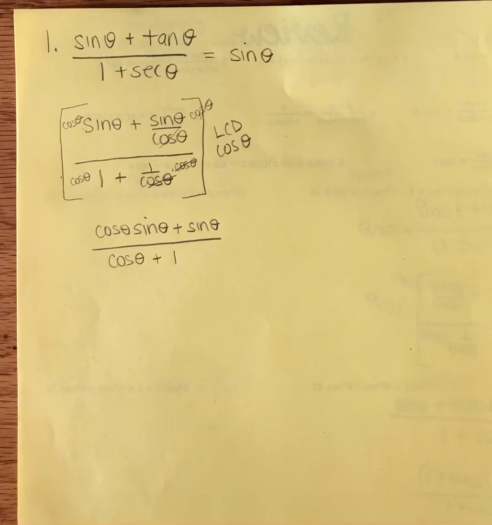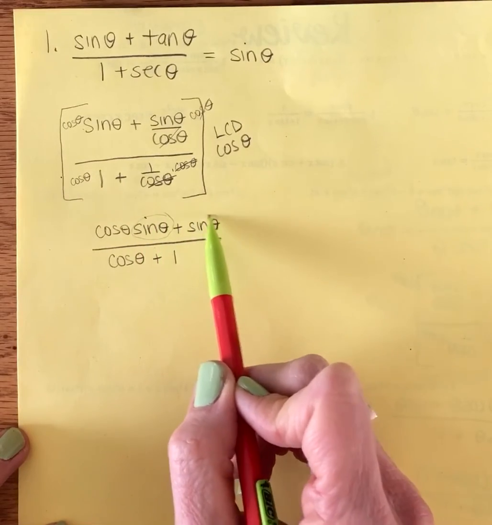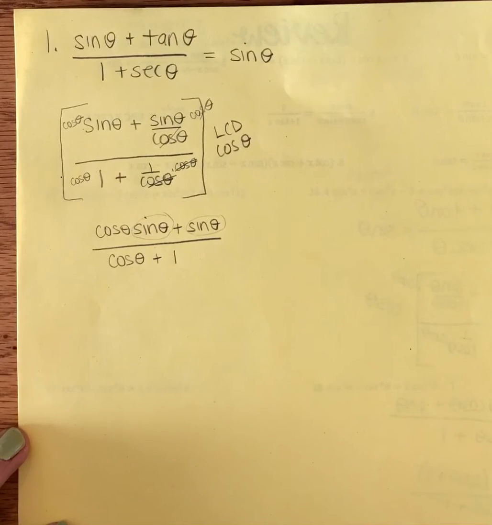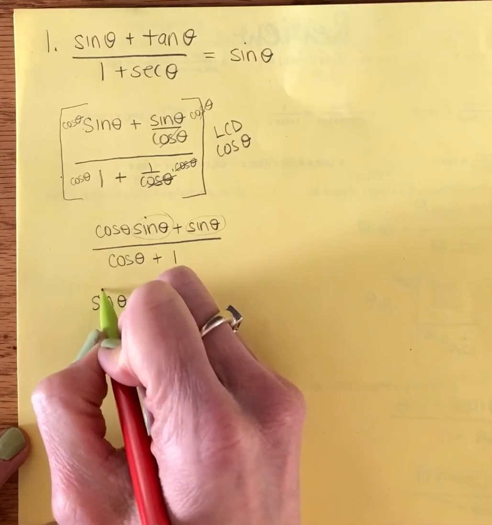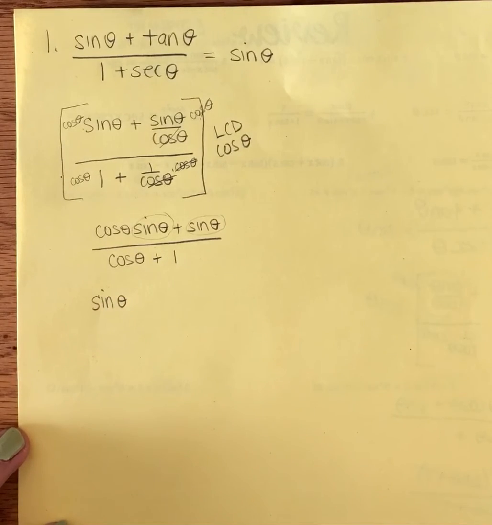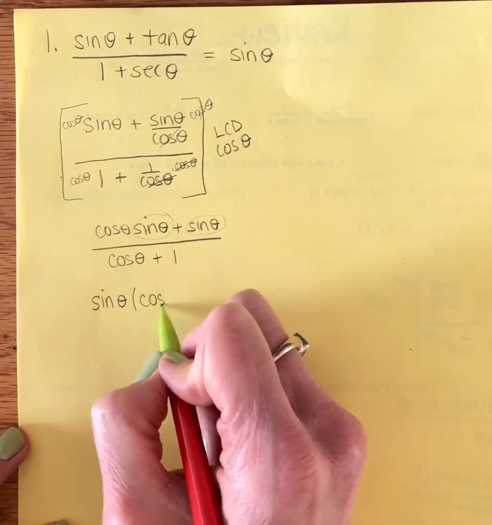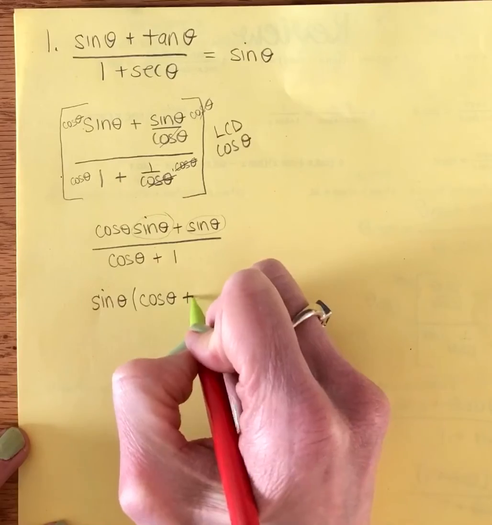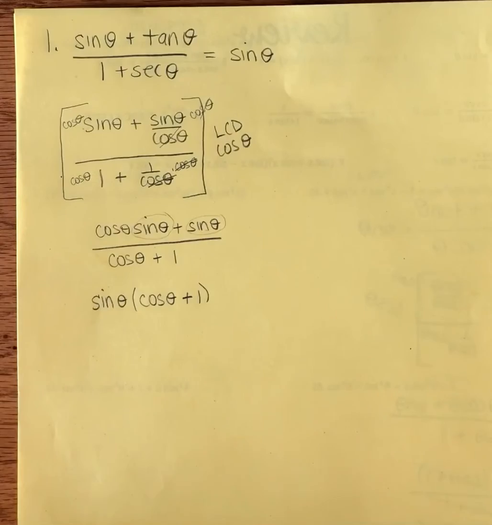Okay, from here, you might try to use an identity, and if you do, it'll probably work. However, the easiest thing to do from here is, if you notice in the numerator, you have a sine in each term. So you can factor that out as a common factor. So it's like my GCF is sine theta. If I take a sine out of each of these terms, I'm left with cosine theta plus, now don't forget, if you take a sine out of a sine, you're still left with a 1 here. Doesn't disappear.